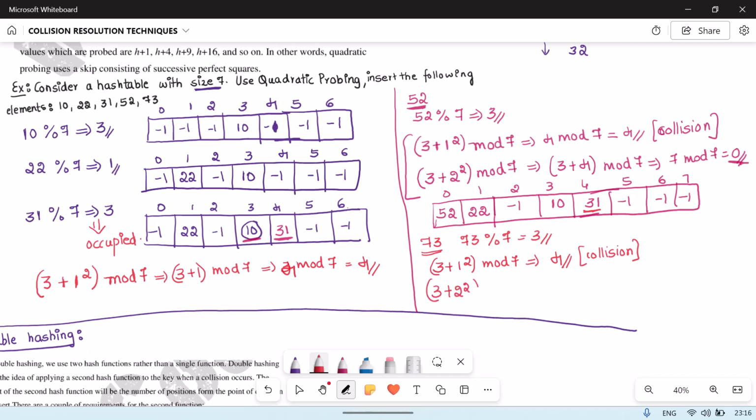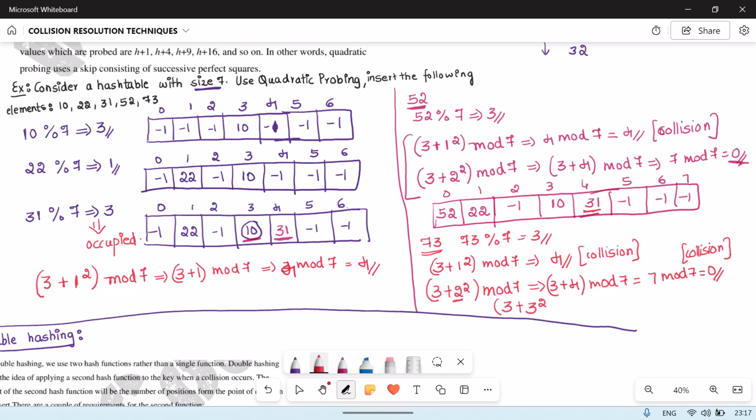3 plus 2 square is 7 itself. It is 3 plus 4 mod 7, which is equal to 7 mod 7, which is equal to 0. But 0 is also filled. So again collision. So what you have to do? Now this 2 will become 3.